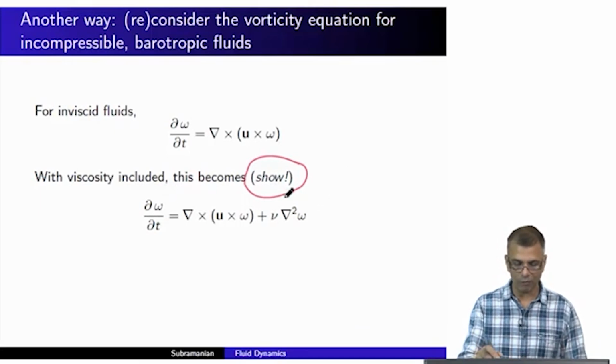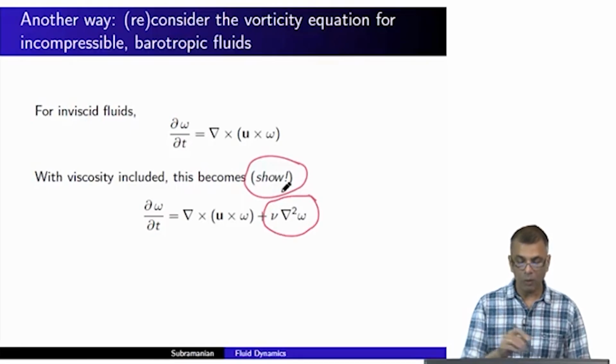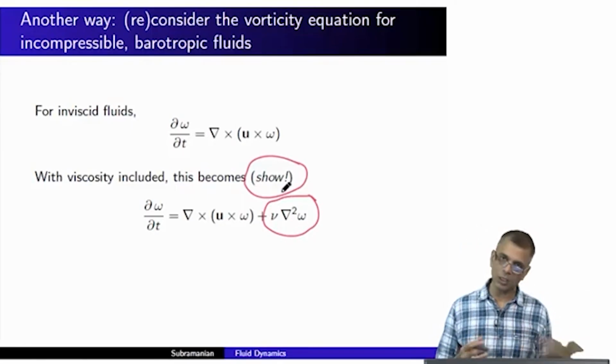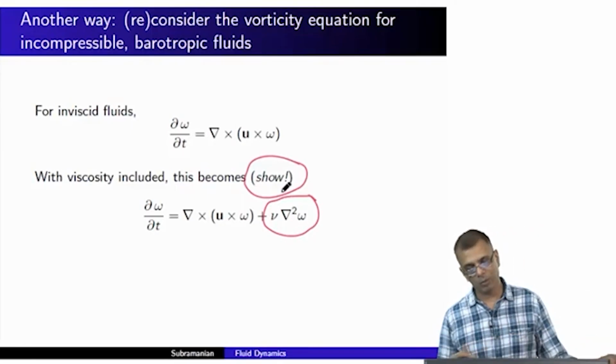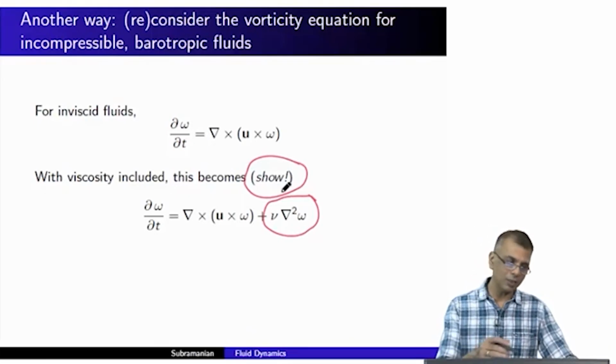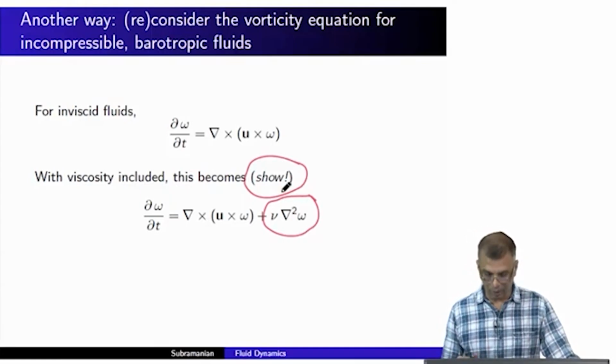So, in other words, you have this additional term here. Why am I talking about the vorticity equation? Because it's a dynamical equation, just like the momentum equation is. Okay, it's just a slightly different way of looking at things. And there are some advantages to non-dimensionalizing the vorticity equation also, which is what we are going to do now, right.